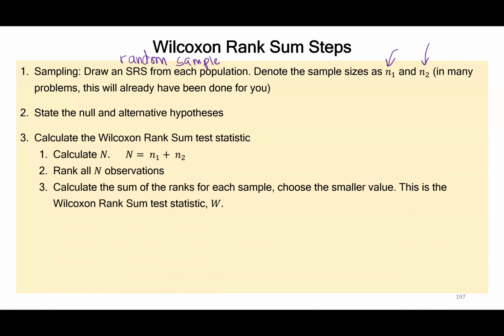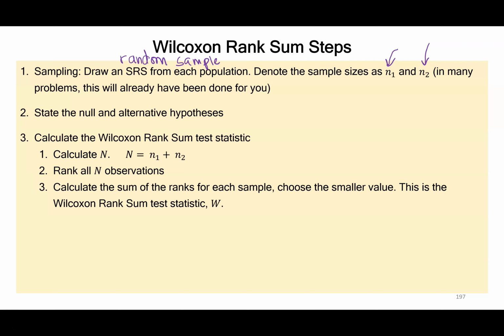Then you're going to calculate the sum of the ranks for each sample. So you're still going to keep track of which sample each observation is in, but if an observation from sample 1 has the smallest value, it's going to get a rank of 1. If an observation from sample 2 has the second smallest, it gets a rank of 2, and you're going to just count up the ranks for each sample.